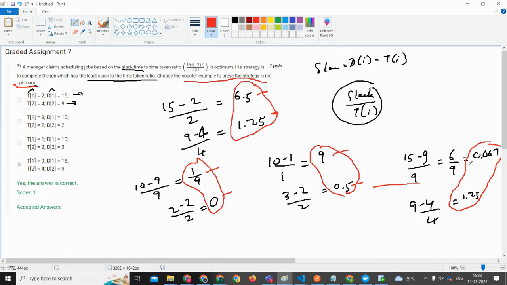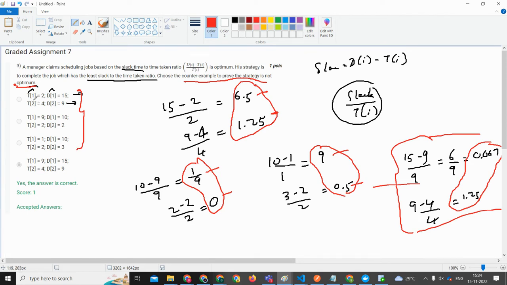For the last case alone, the first is smaller and the second is bigger. So this option is the odd one. I'm just telling you how we arrive at the answer.